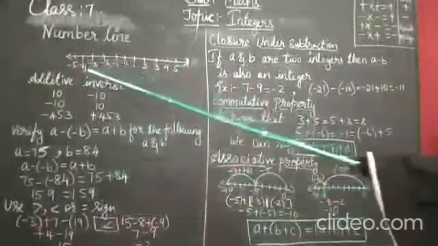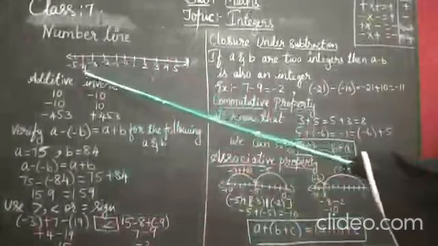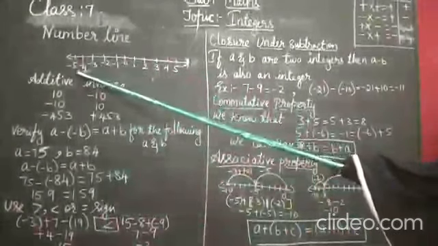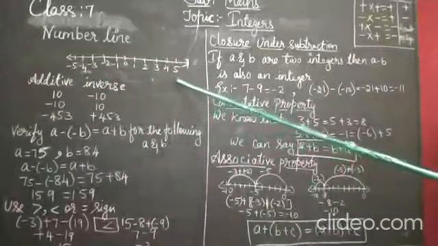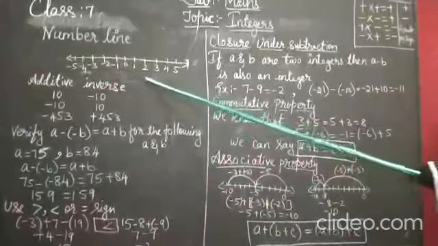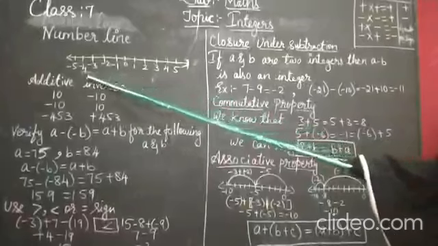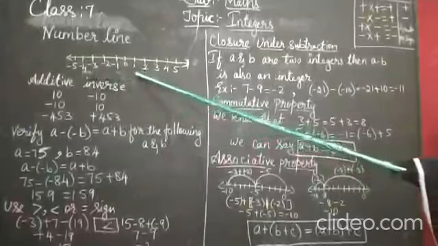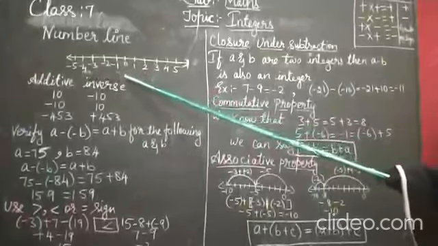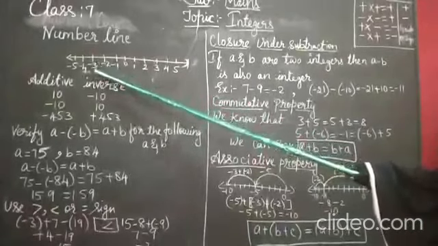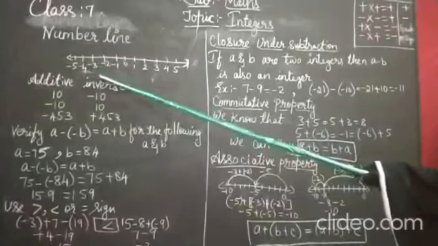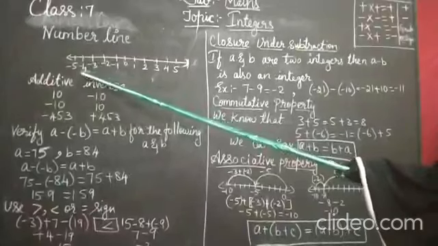And it is in increasing order. As you can see, when we move from left to right, it is in increasing order. From right to left, it is in decreasing order. And you should know which is bigger. For example, -5 and -3. In this, which is the bigger number? You think 3 or 5?